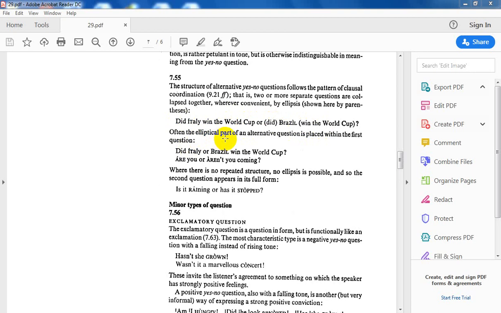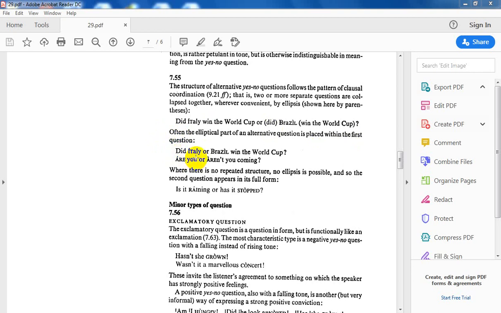Often the elliptical part of an alternative question is placed within the first question. Very often we insert the elliptical part in the first question.